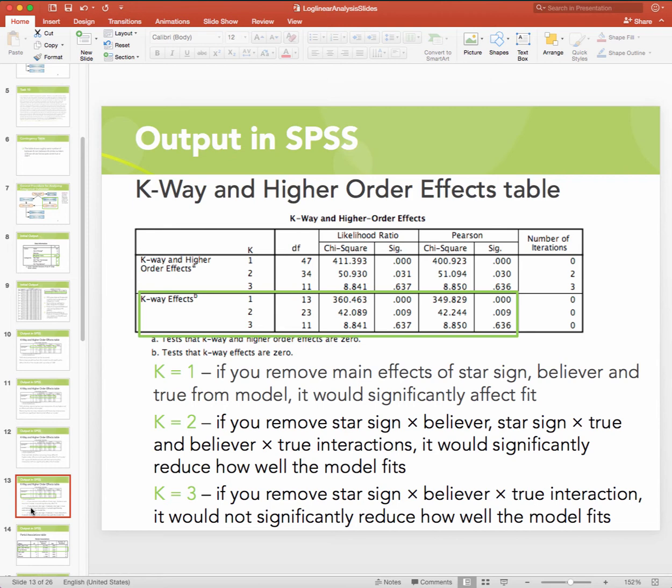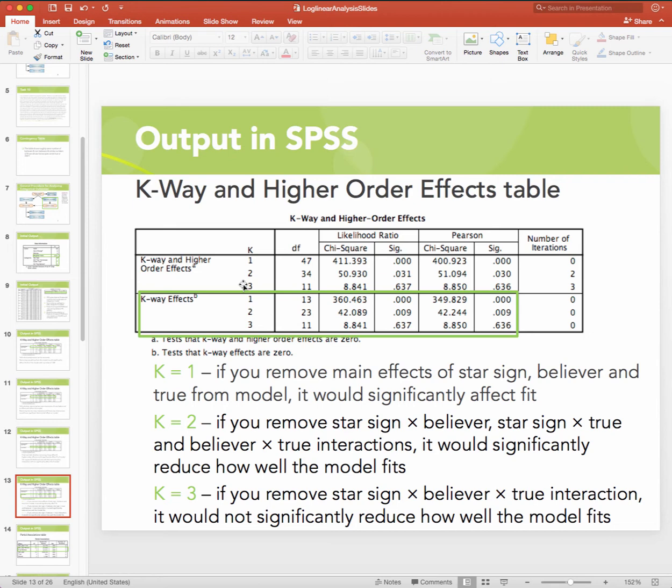Our three-way interaction is not a significant predictor of the data, but we do need to make sure this row is identical to the final row of the upper part of the table. You'll notice this K equals 3 line right here is identical to this row right here. That's because it is the highest order effect, and in the previous table there were no higher order effects to include in this test, so you won't see them in the second set of data.